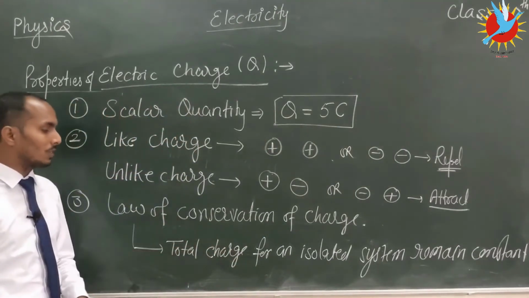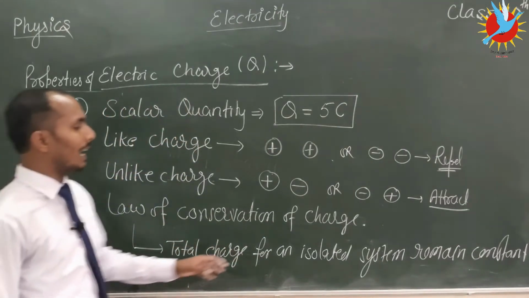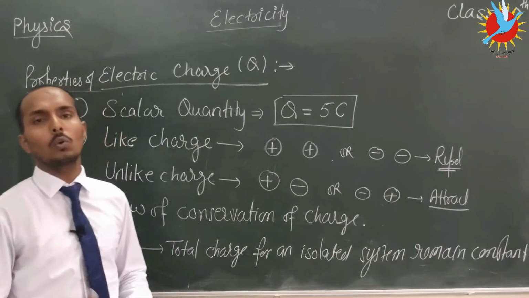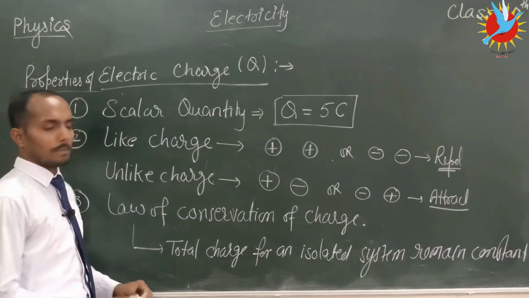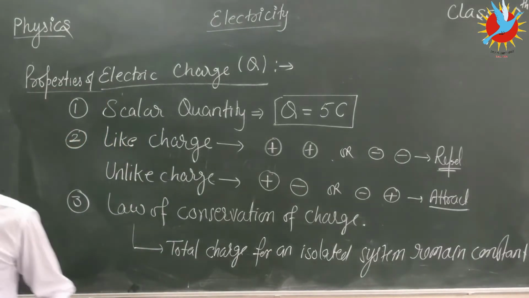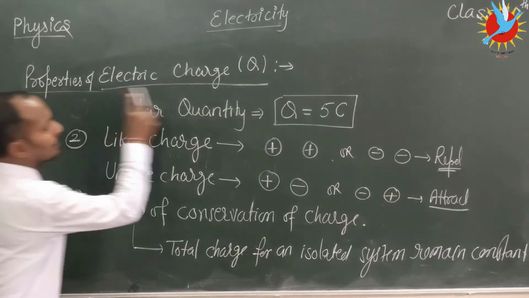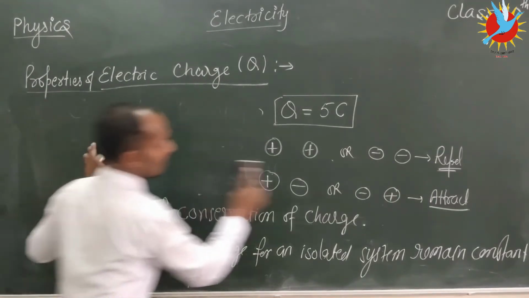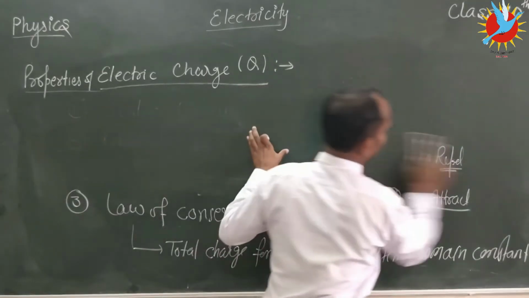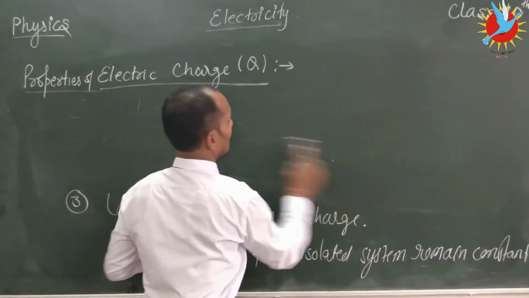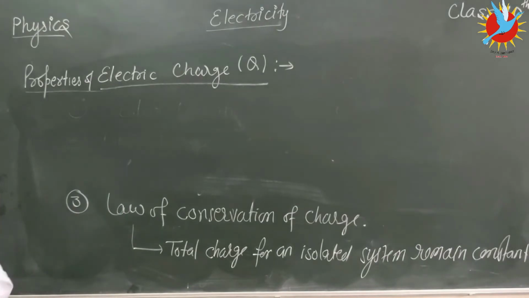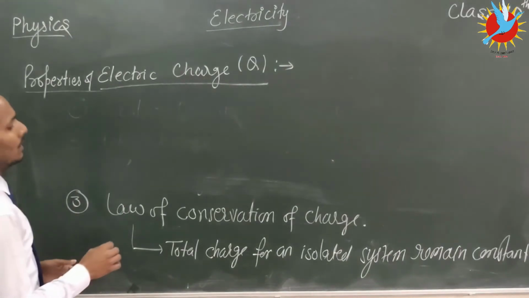The law of conservation of charge says that the total charge for an isolated system remains constant. You can write down this topic. I am talking about the law of conservation of charge.